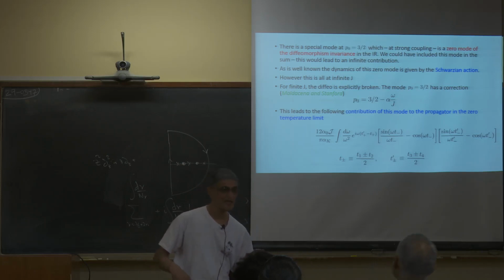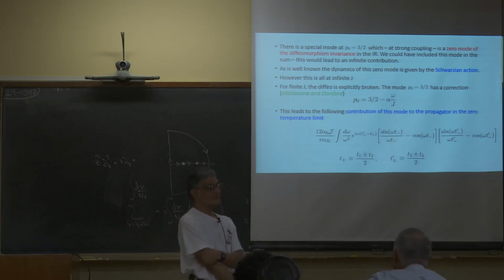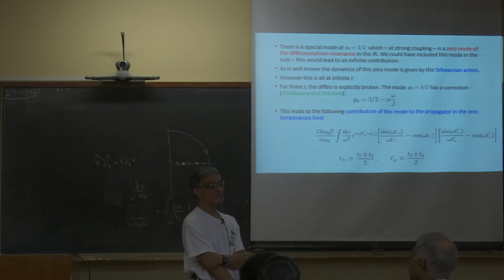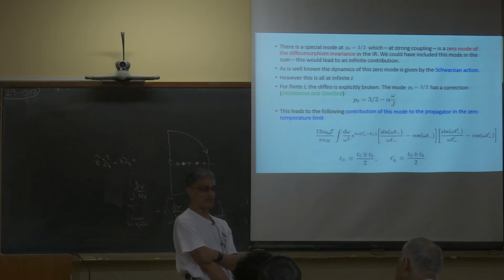This confuses me, just from the point of view of representations of the conformal group, what does this mean? Because you are breaking the conformal group at any finite j. Is that right? Yes, the theory doesn't flow to a fixed point for any finite j. You are coming away from the fixed point, so you are turning on an irrelevant operator.